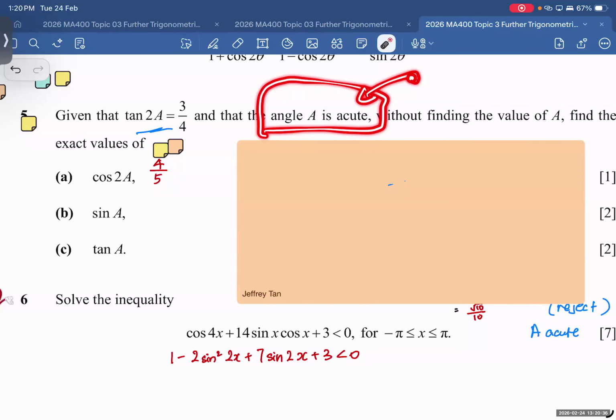If it's acute, it means tangent should be in the first quadrant. Yes, correct. Square root 1/10, is it 1 over square root 10 you mean? You probably want to rationalize, so square root 10 over 10. Okay.